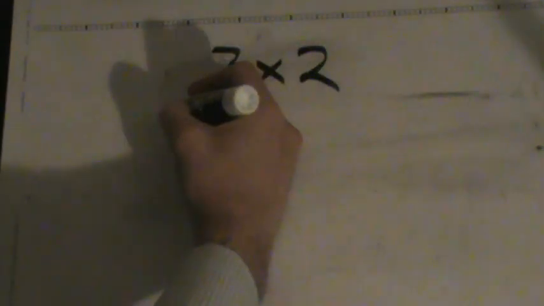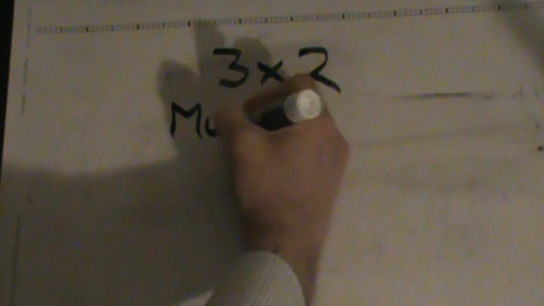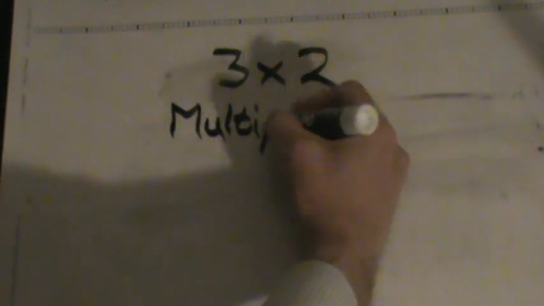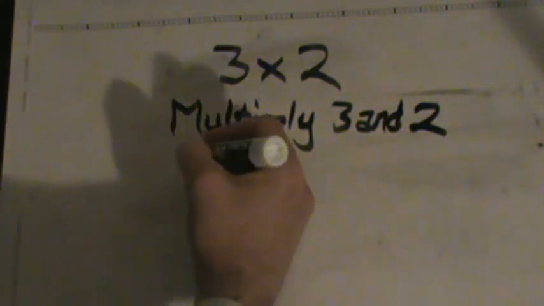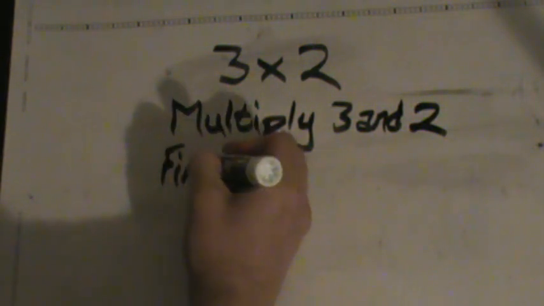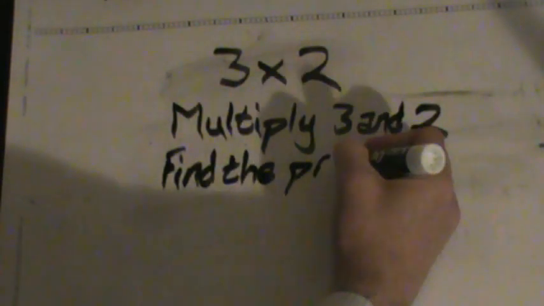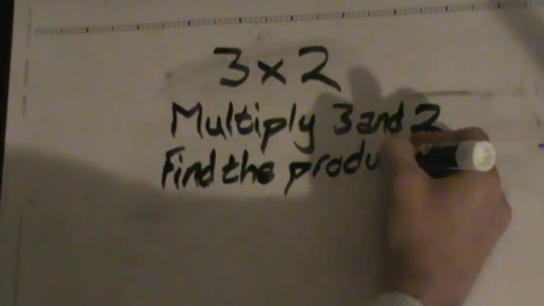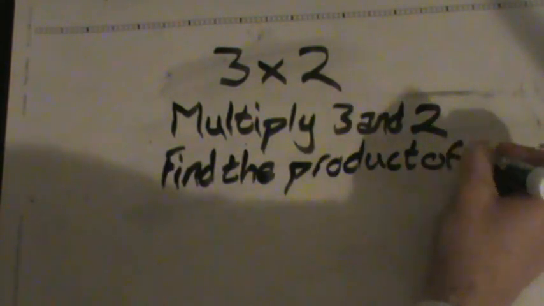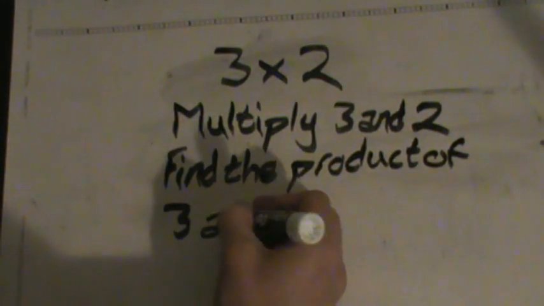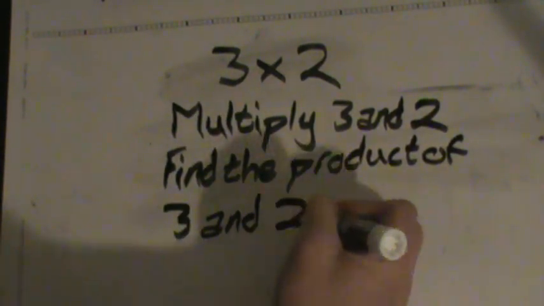If it was 3 times 2, we could simply say multiply 3 and 2, or we could say find the product of 3 and 2.